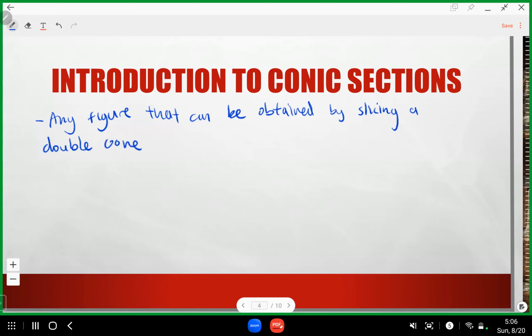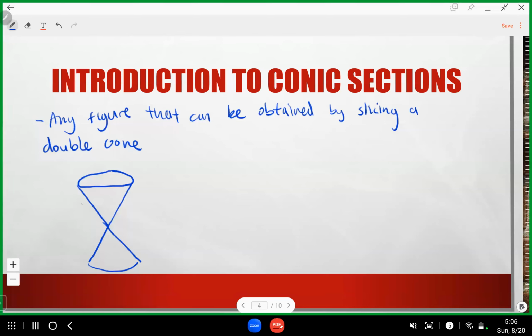Okay, so a double cone basically looks like this, right? It's two cones stacked on top of each other, and any figure that can be obtained by slicing this double cone is basically a conic section.